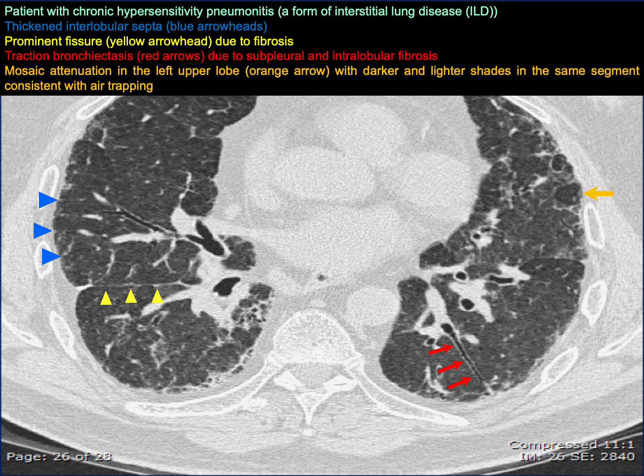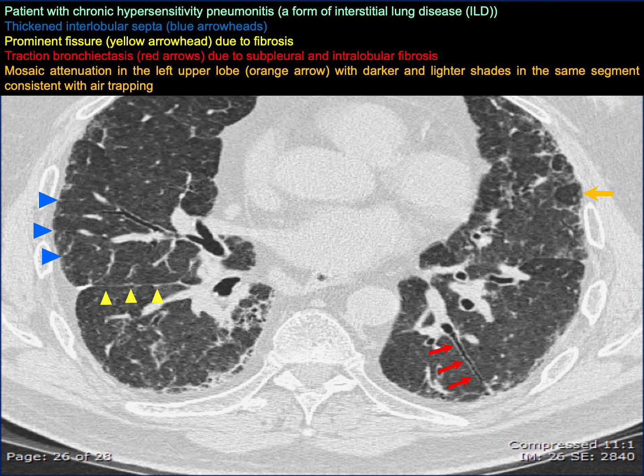If you look at the blue arrowheads, those are thickened interlobular septa. Those are the primary or structural units of the lungs. The yellow arrowheads show the prominent fissure due to fibrosis. The red arrows show the bronchi are going all the way out to the periphery.